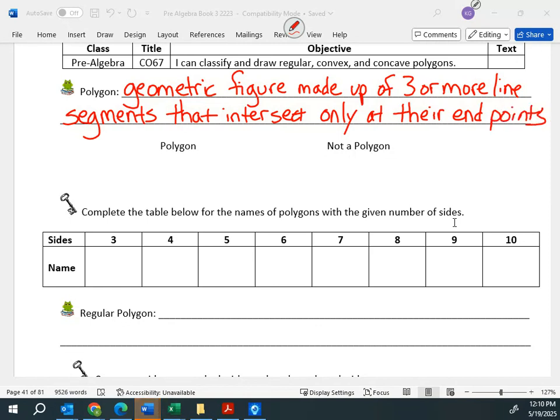So an example of something that looks like a polygon could be something like this, right? So we have straight lines, and it's all connected.